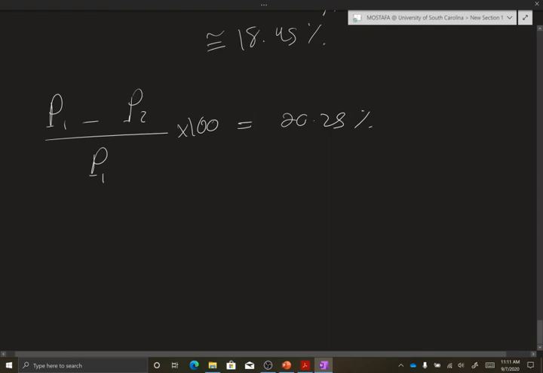So the last part has asked us to find the loss of impulse. So I2 minus I1.